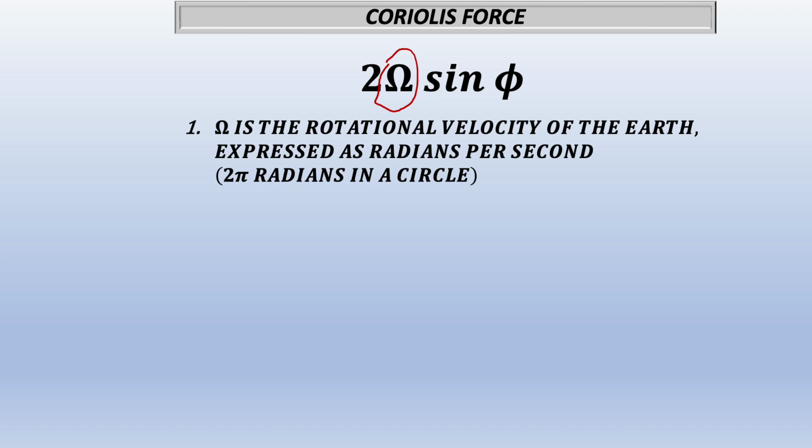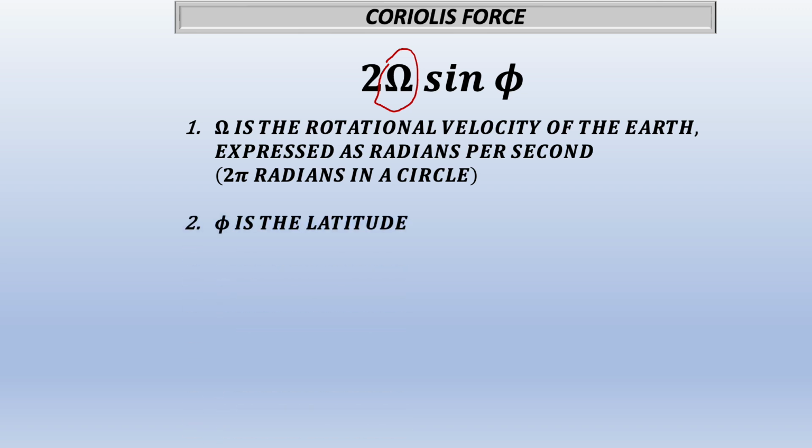Now, what is a radian? Well, pi is 3.14, and there are 2 pi radians in a complete circle. So it would be approximately 6.28 radians to go all the way around, okay? So it's how many radians per second that the Earth is spinning.